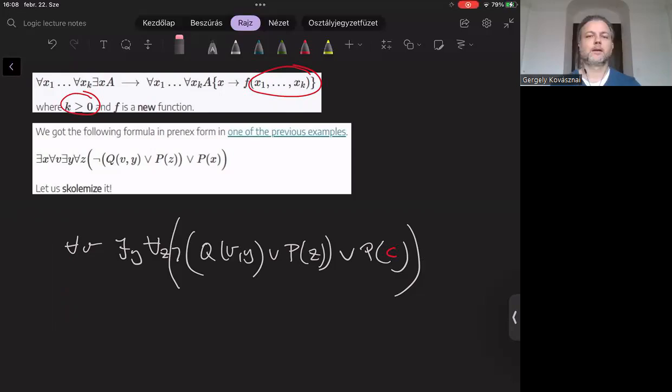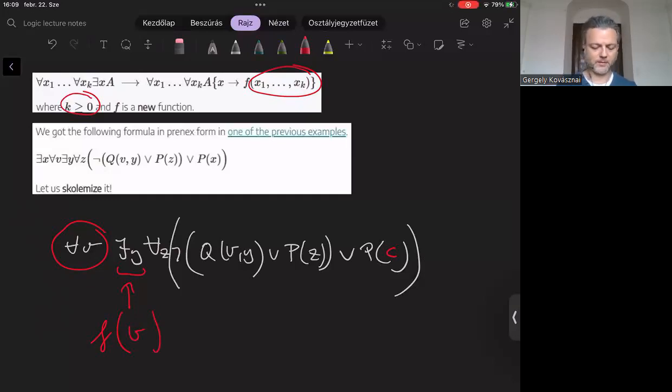Great. Okay, there is one more existential quantifier to go, this one here. As you can see, it is preceded by one universal quantifier that binds the variable v. Therefore, we have to introduce a new function, let it be f, with one parameter, with the bound variable v itself.